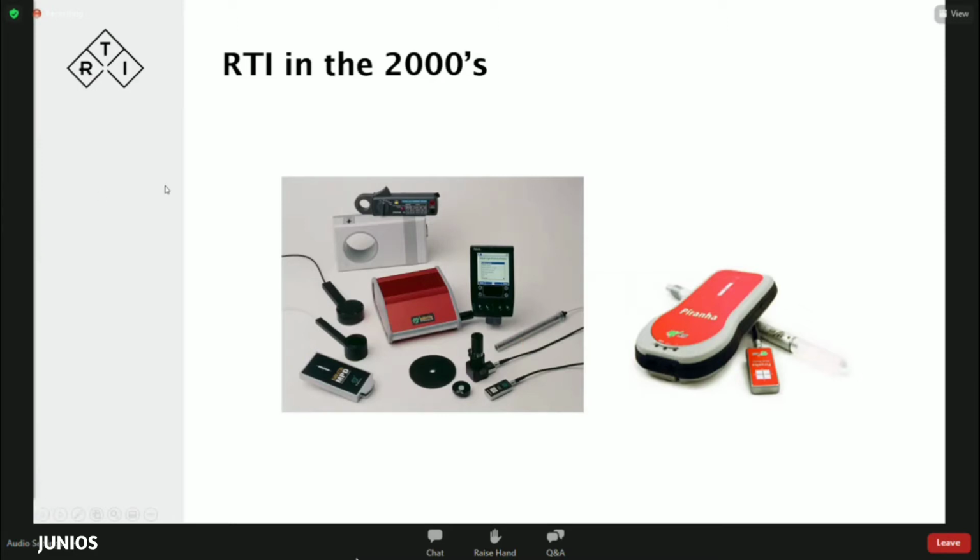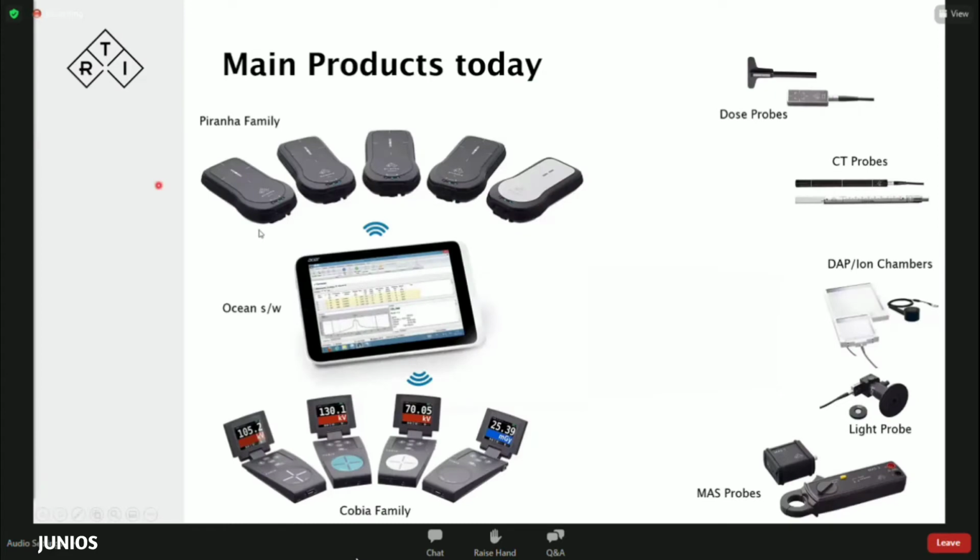From the red Piranha, we have also introduced a more improved version, which is now what we call the Black Piranha. On this slide, you can see the different Piranha models, and the Piranha multimeters are designed for multimodality X-ray QA.